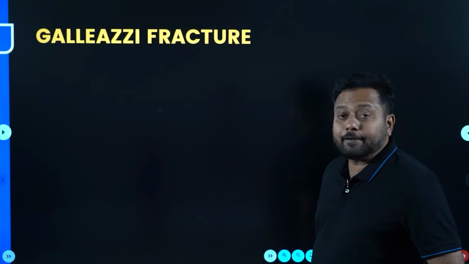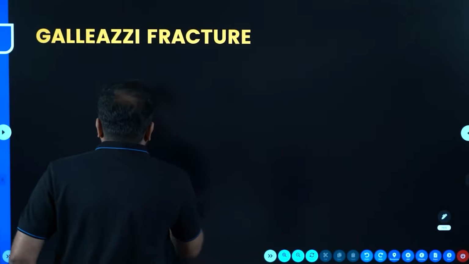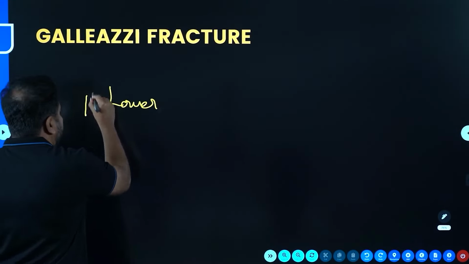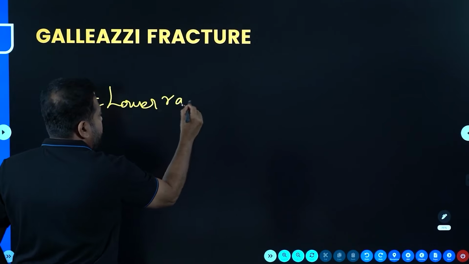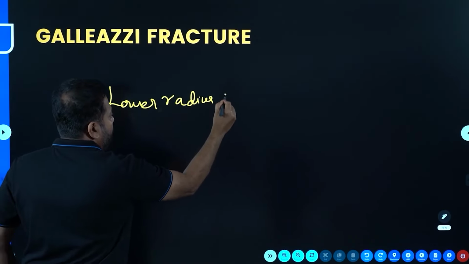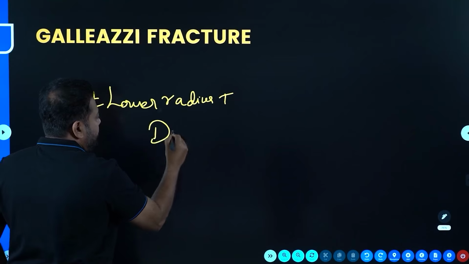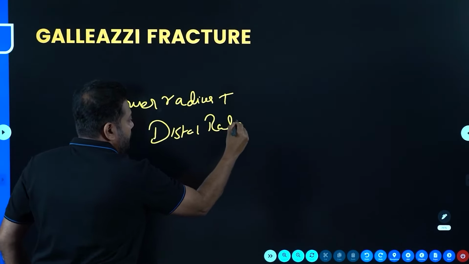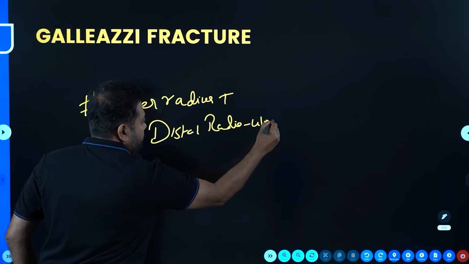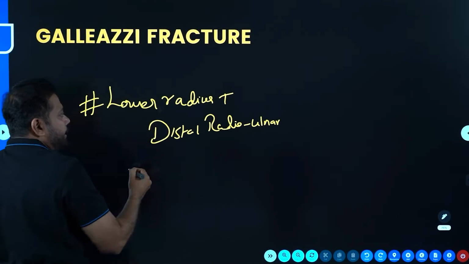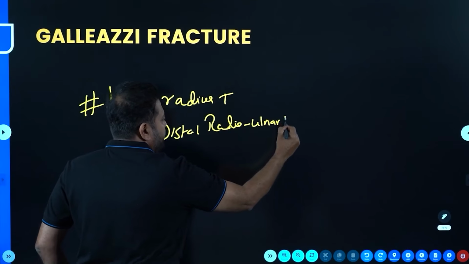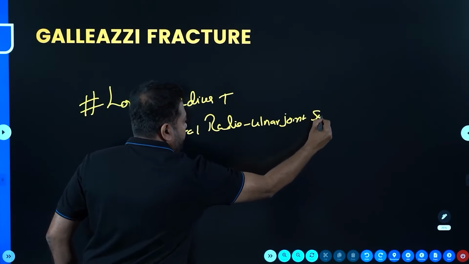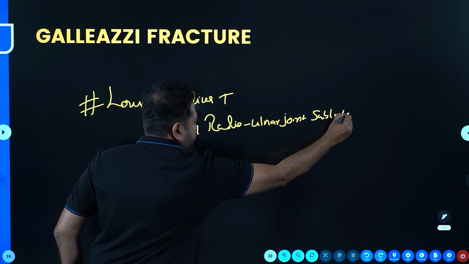Like that, Galeazzi fracture is defined as fracture lower third radius with dislocation of the distal radio-ulnar joint, subluxation.